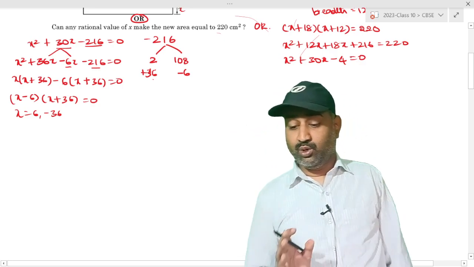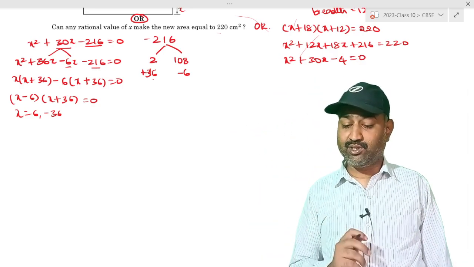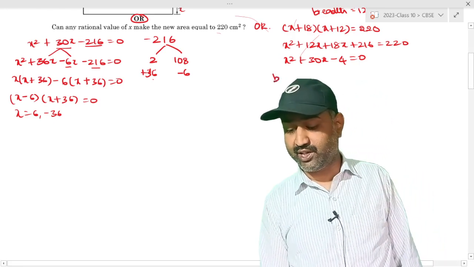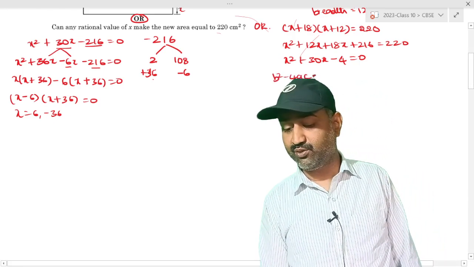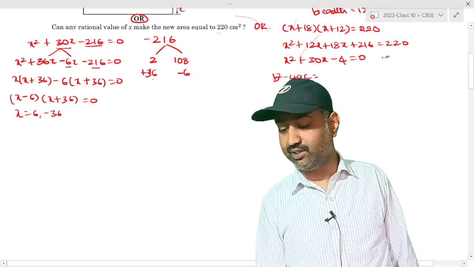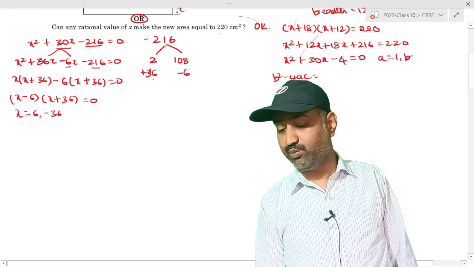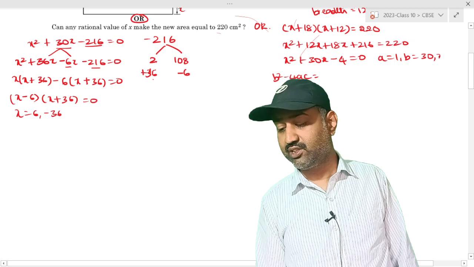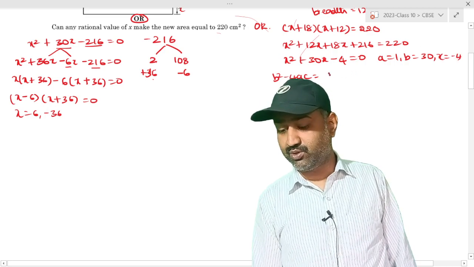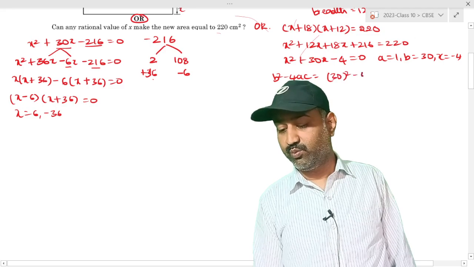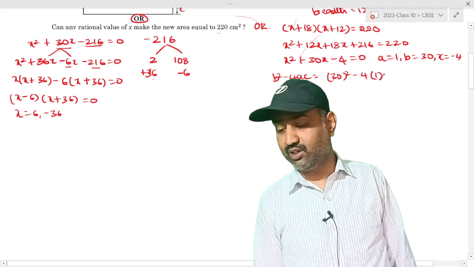Now, to check whether it has any rational values, we find b square minus 4ac here. Here a is 1, b is 30, and c is minus 4, right? b square is 30 square, minus 4 into a is 1, and c is minus 4.